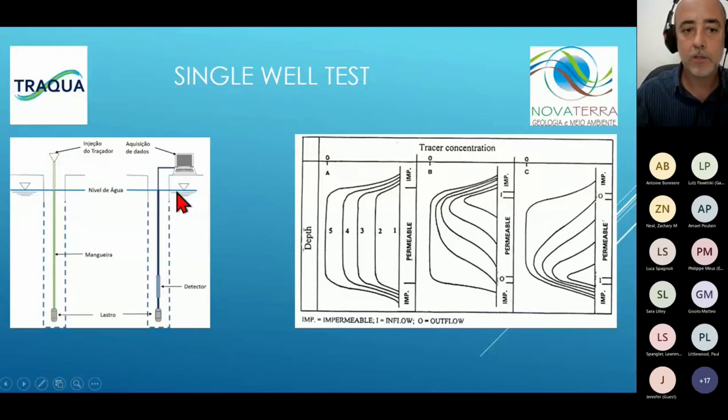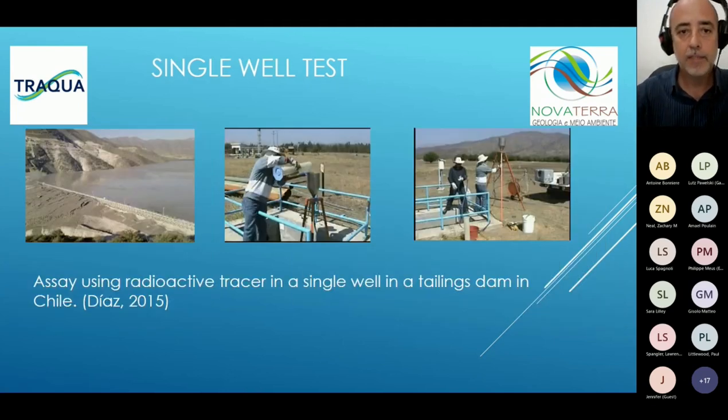We conduct the detection about five times over time, to see which zones have more water flux, like in these studies conducted by Diaz in Chile in tailings dams.